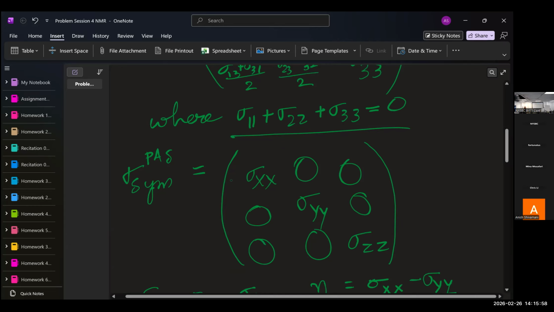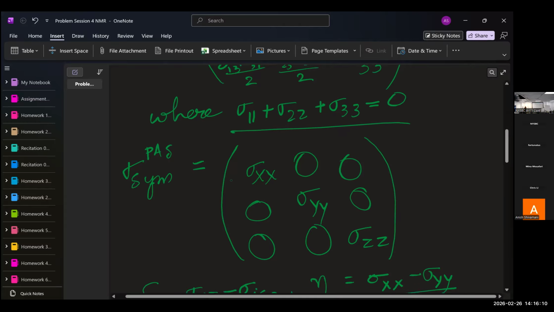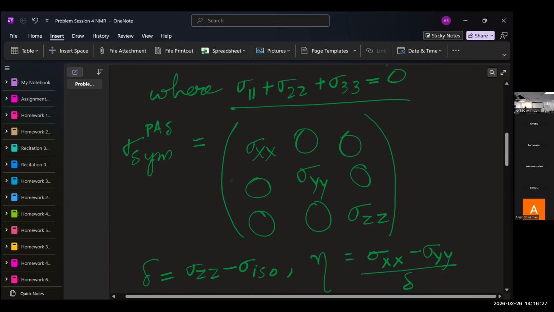I've of course chosen one out of the two conventions in NMR of naming the three different components. A quick note is that not all matrices are diagonalizable. And because we've imposed the condition of the tensor being symmetric and therefore Hermitian, we can diagonalize it and arrive at a principal axis system.